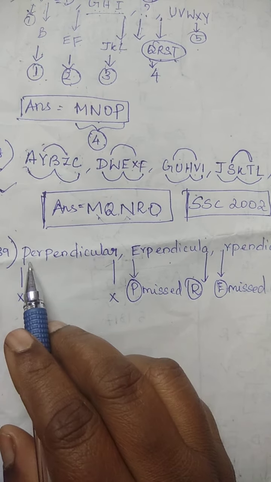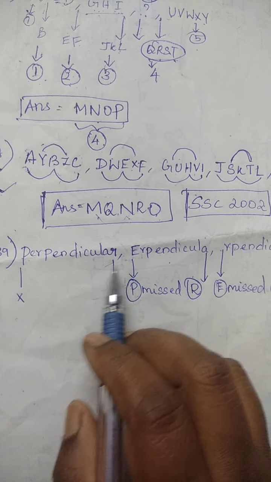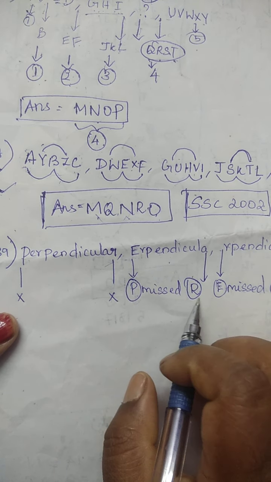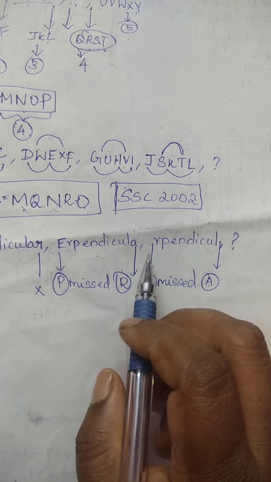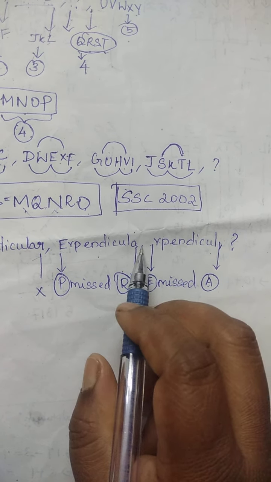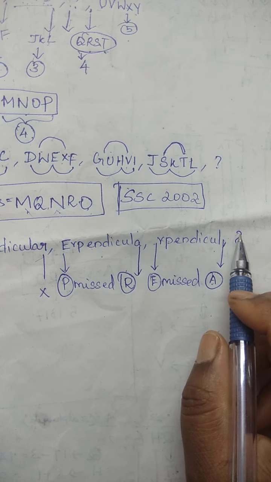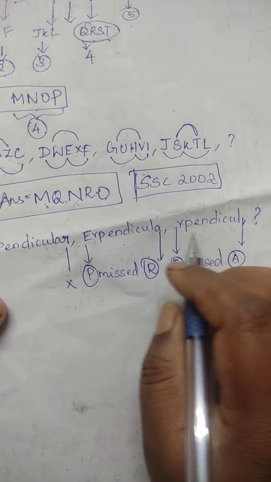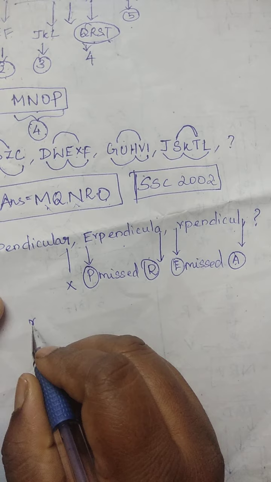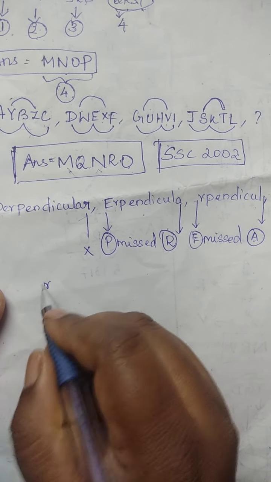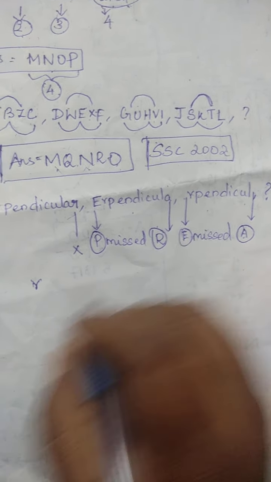So here P and R are present, but in next term P and R are absent. Then E and A are absent in third term. Then we have to find the solution. What we have to do? We have to compare the third term. See, I just here writing the third term again.